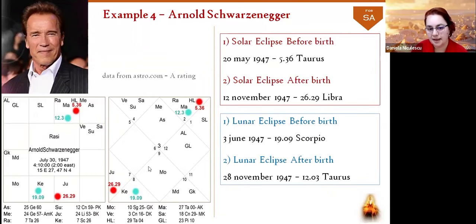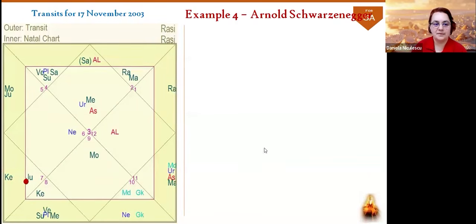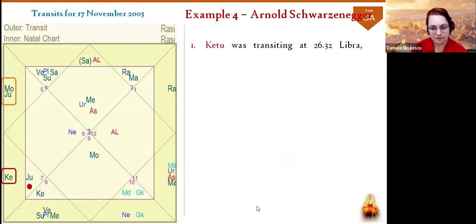So he has the 6th house, 12th house, and 5th house activated and easily influenced by transits. And then an example from his life of November 17th, 2003. Okay, so this is the eclipse point, the solar eclipse, that got activated. So just 1 point.